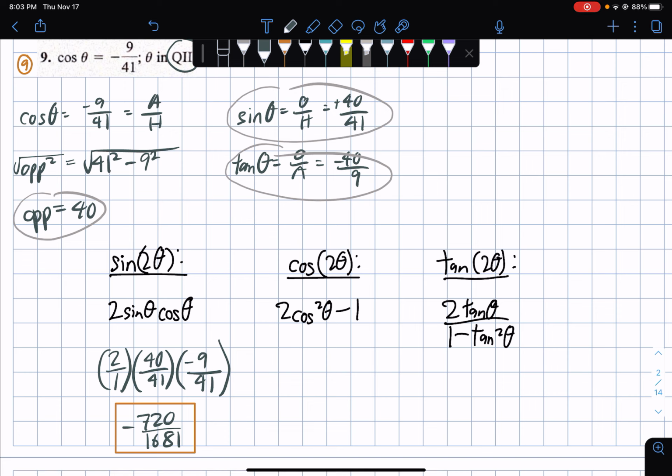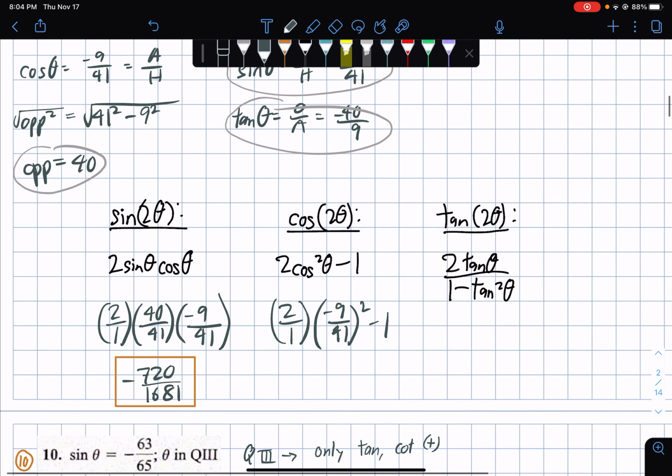In cosine, we have negative 1519. I'm sorry, I'm already spoiling the answers. Here goes. So cosine is negative 9 over 41 raised to 2 and minus 1. We get negative 1519 over 1681.